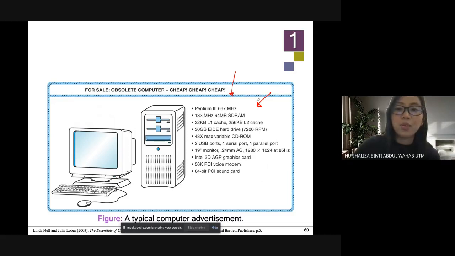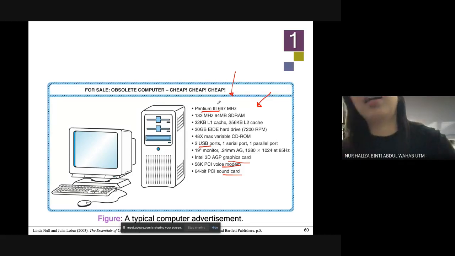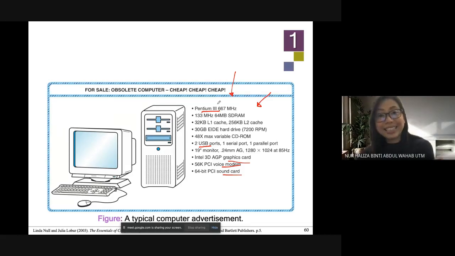So if let's say you want to buy, you can also see that there is an advertisement that mentions what Pentium, how many ports are available, the sound card, the graphic card, and etc. So that's why you need to learn this computer architecture and organization subject.